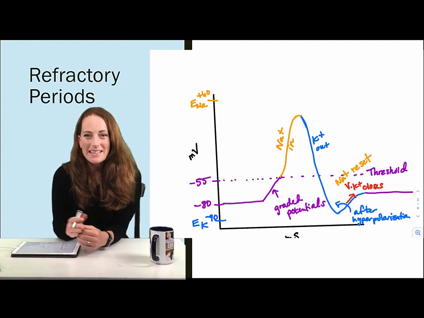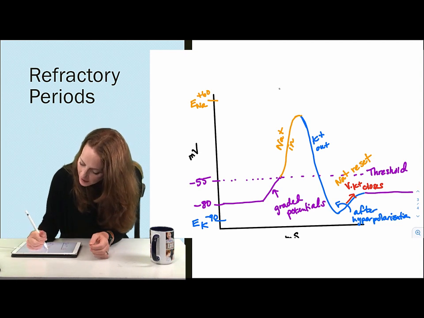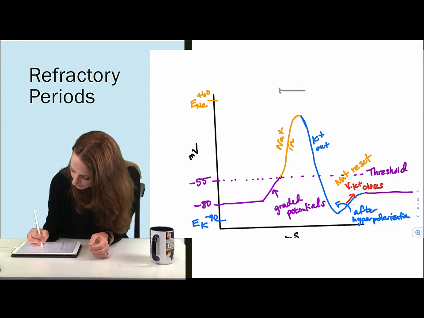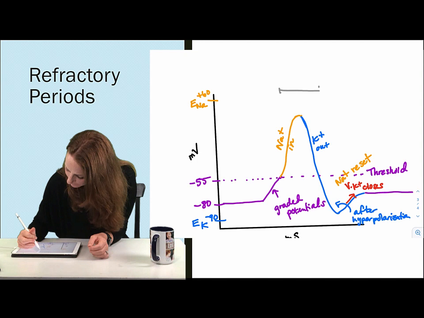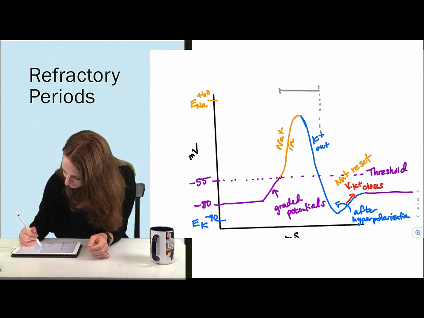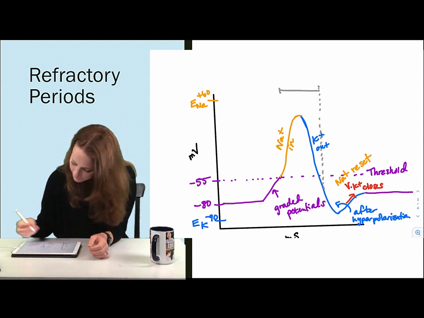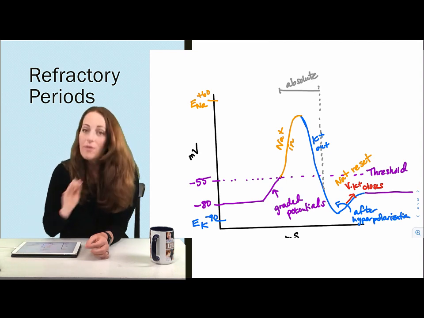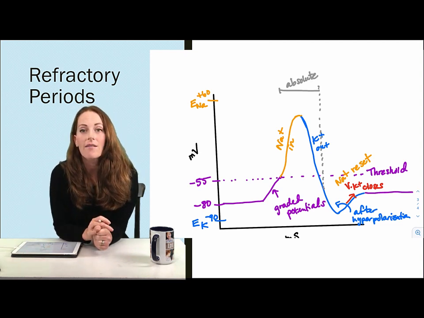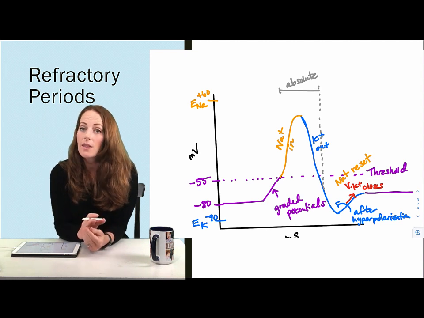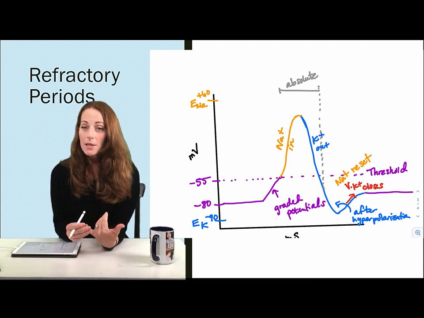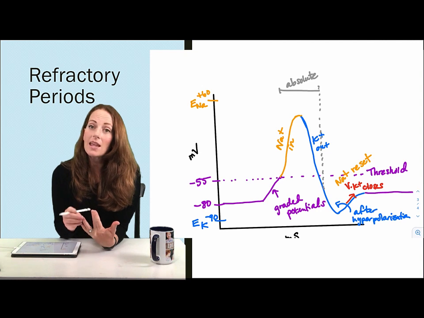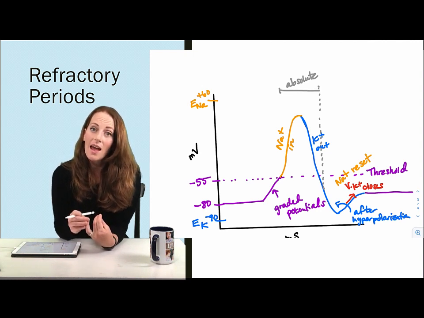Let's make a little space here. So the absolute refractory period would be about this point in time. Before the sodium channels have reset. So in other words, the sodium channels are either maximally active or they've been inactivated by the inactivation gate.